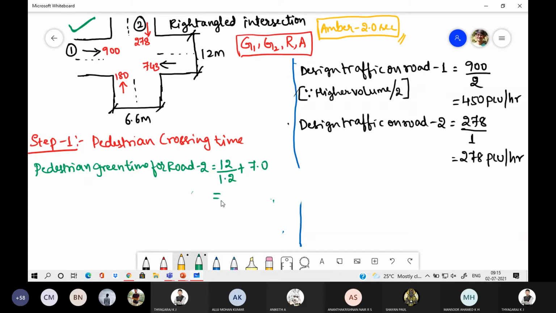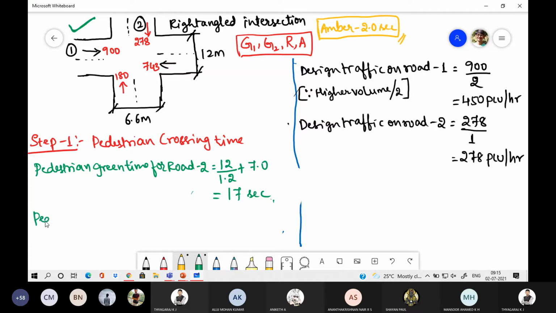Now we are going to get it as 17 seconds. So remember, the pedestrian has to travel 12 meter with a walking speed of 1.2, plus 7. The 7 is the walking time of the pedestrian to cross the road. That is the 7 seconds we are going to consider.